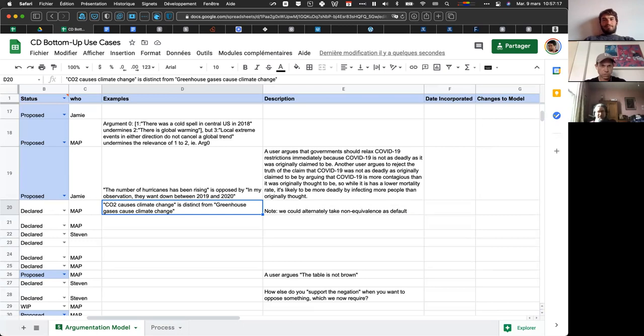I do think having non-equivalence as a default is viable, but it's still interesting to know this has been supported as non-equivalence versus it's been simply posited as non-equivalence. There are different cases.